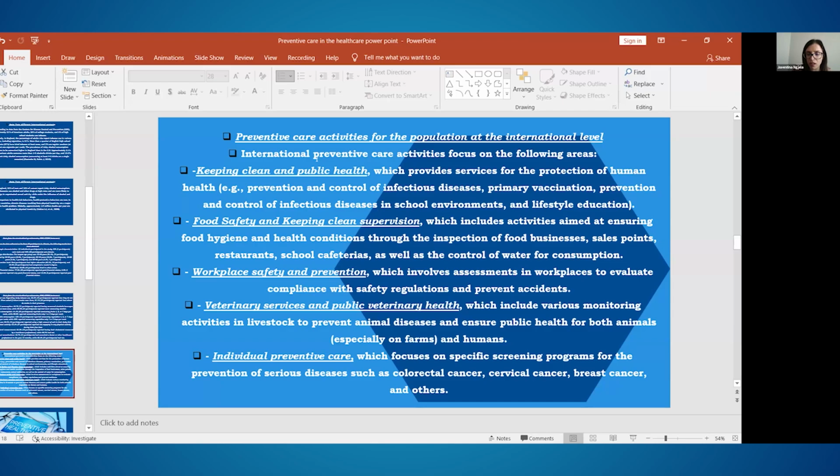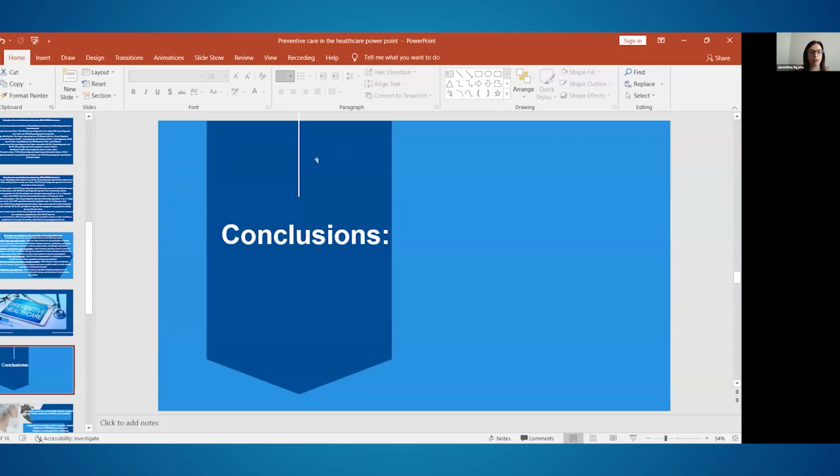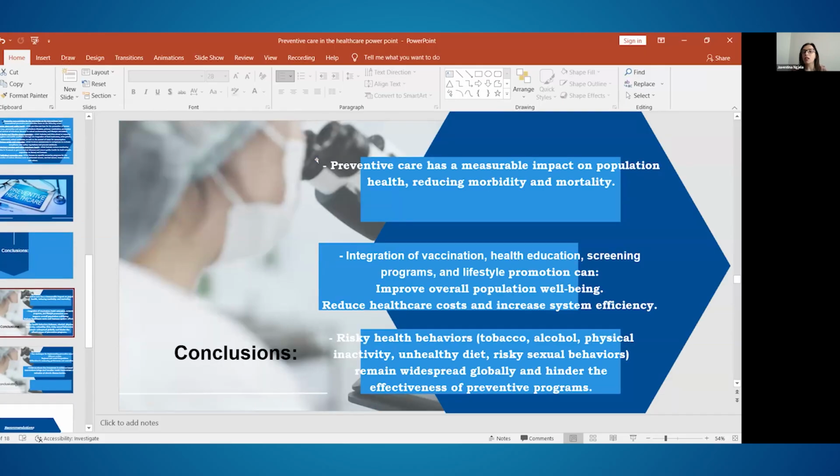And the other recommendation is individual preventive care, which focuses on specific screening programs for prevention of serious diseases, such as cancer. So a check-up at minimum once a year should be done by everyone.